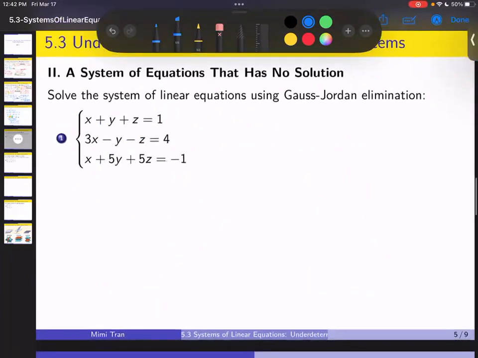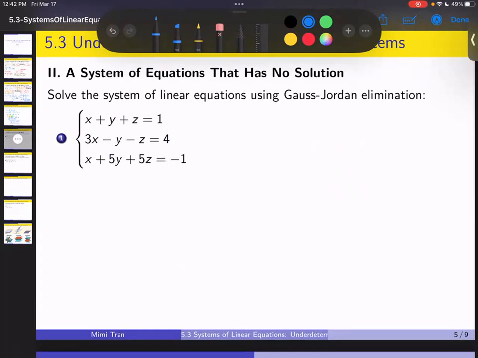Next, we're going to take a look at a system of equations that has no solution. This is the easiest of the 3, so that's good news. The first step is pretty much the same.